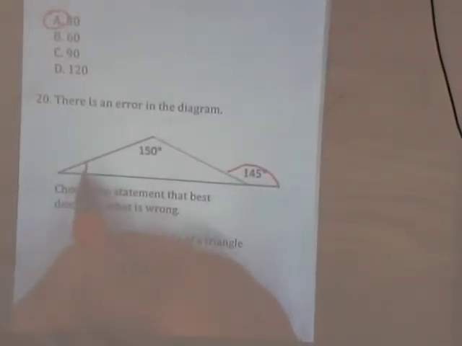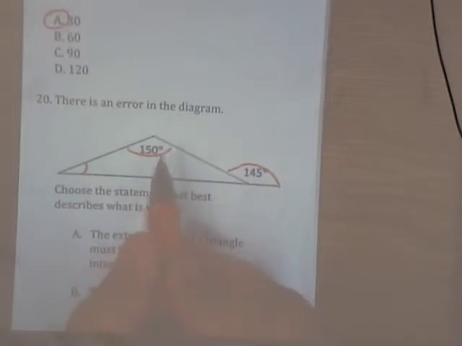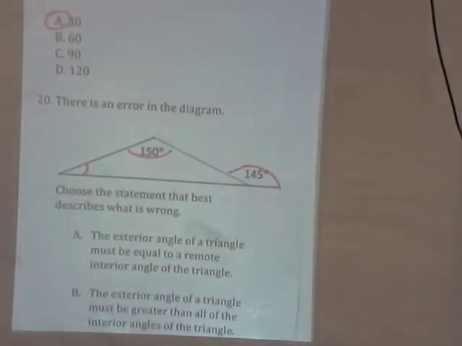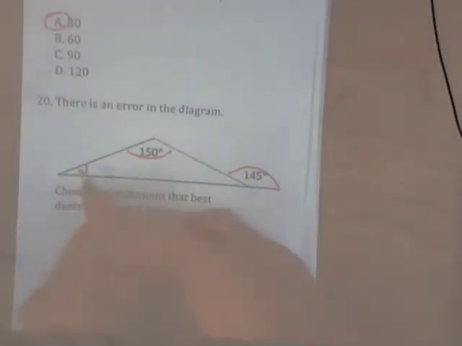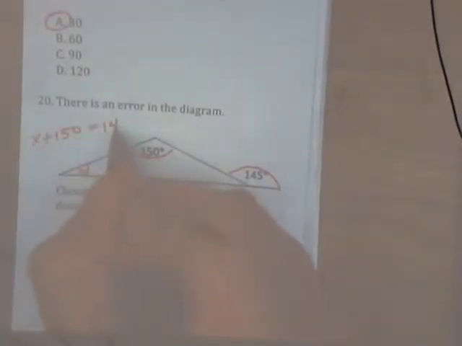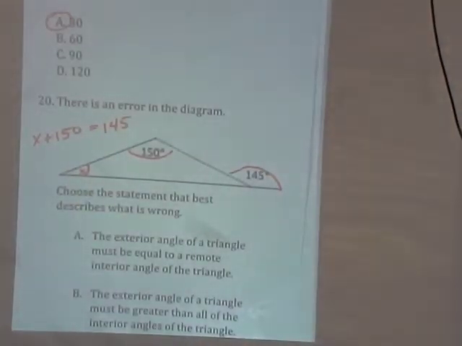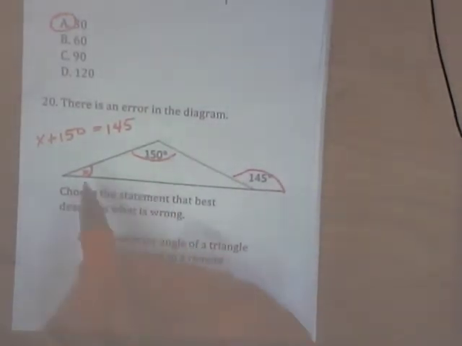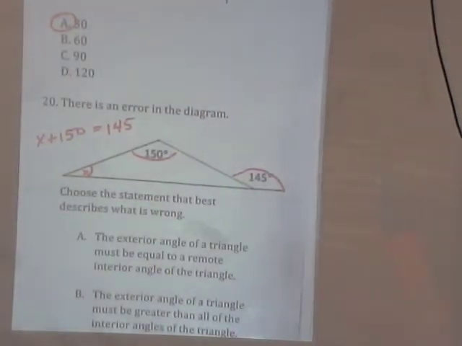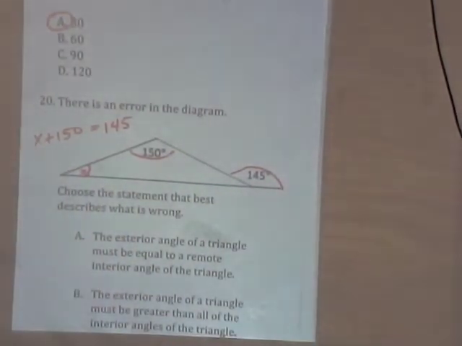So if I add this angle up here and this angle up here, it has to equal that exterior angle. So x plus 150 has to equal 145. That makes no sense, right? You can't have a negative angle. So that's the issue. Let's see which one it is.